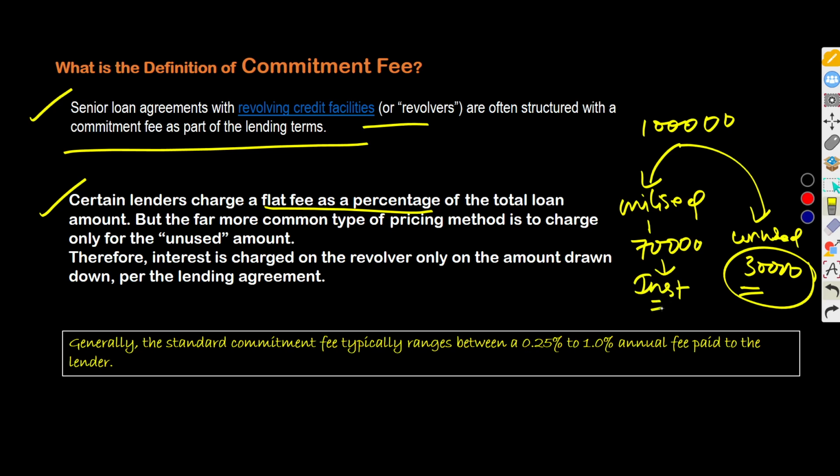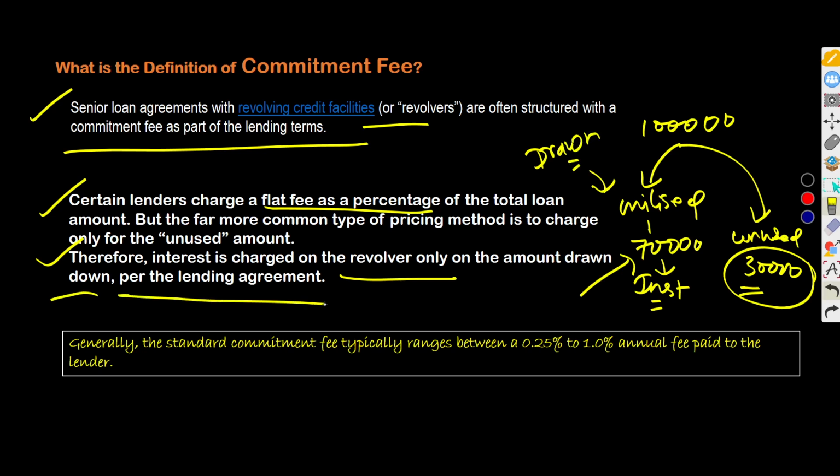Simple, right? Therefore interest is charged on the revolver only on the amount drawn, meaning the utilized amount or drawdown amount, per the lending agreement.